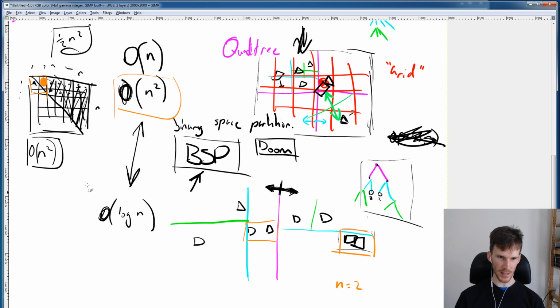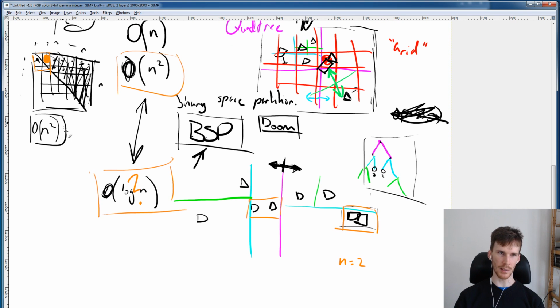Now, the downside of this is... I can't remember. It's O(log n) something. The O here is very small to look up into this tree.